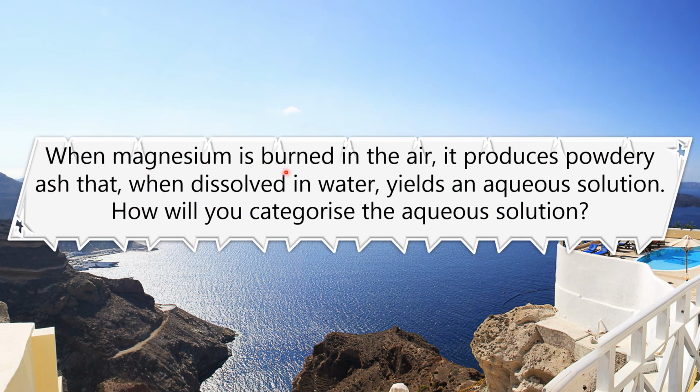When magnesium is burned in air, it produces a powdery ash, and when dissolved in water, it yields an aqueous solution.